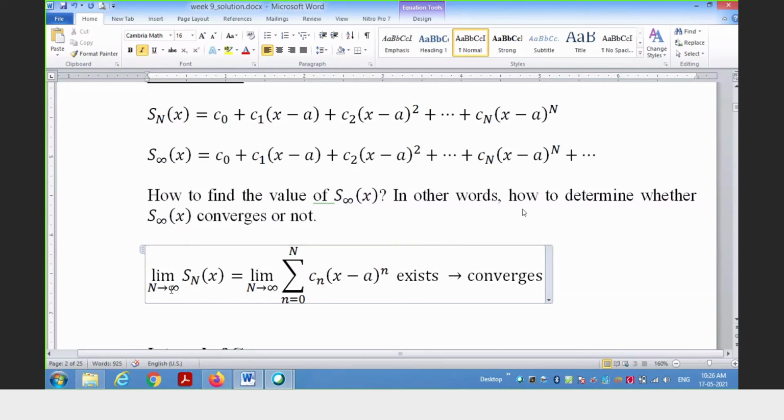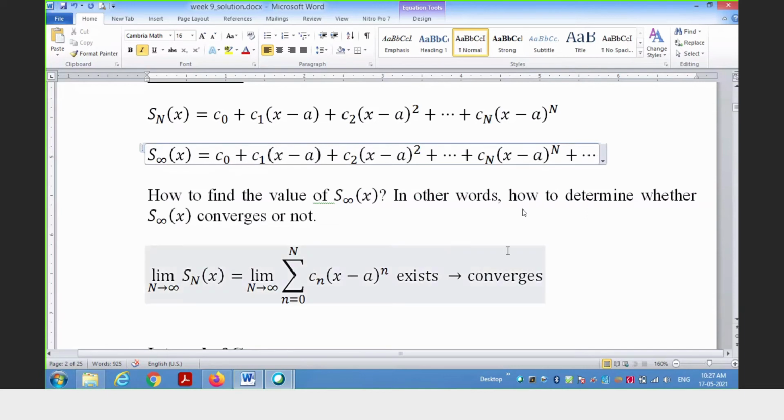So we use the limit as n approaches infinity. That is one of the usages of limit. You don't have to calculate everything. We just take the limit.